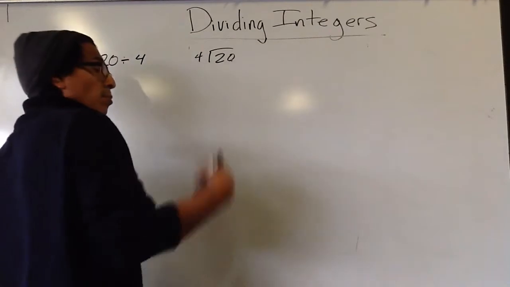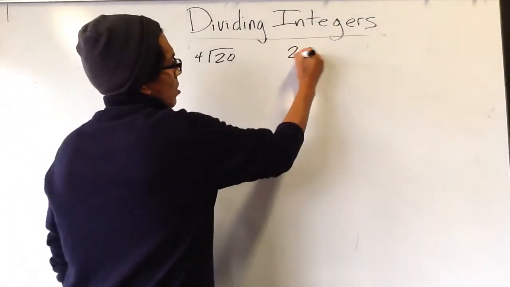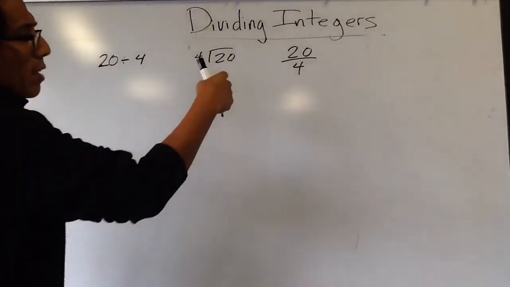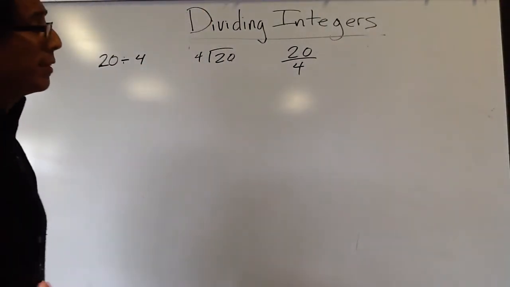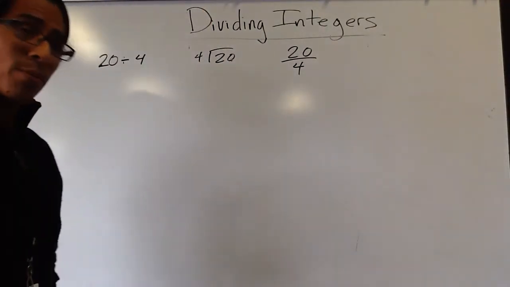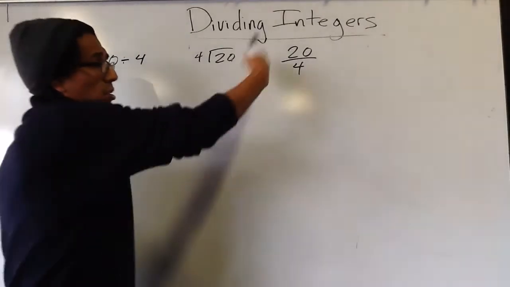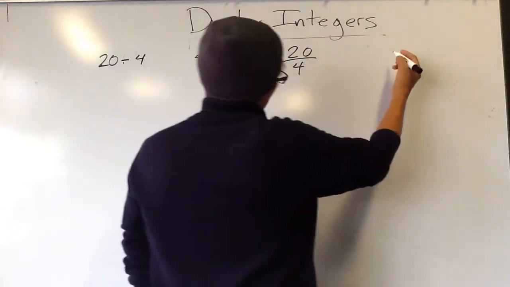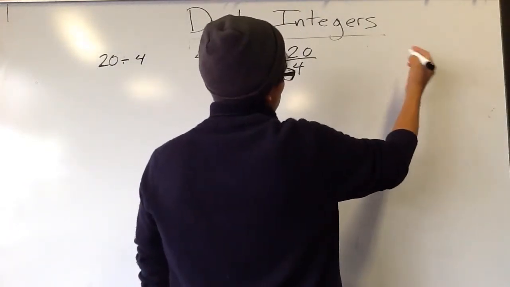And now more and more as we move towards algebra, you're going to see it expressed like this as a fraction. And actually you're used to that because that's an improper fraction. That would be how most of you are used to that. And this is a form of division, okay? And then, now I can't remember the other one.